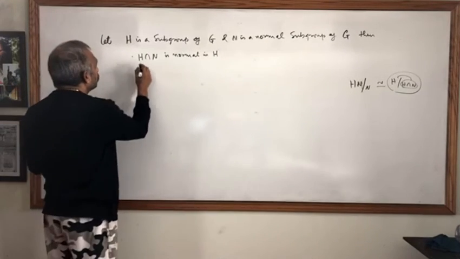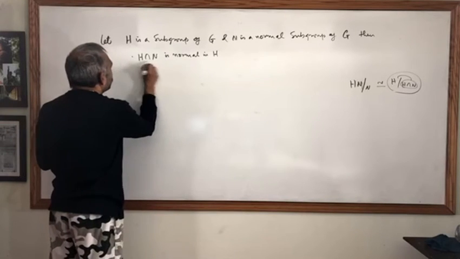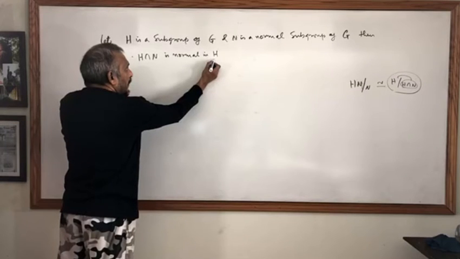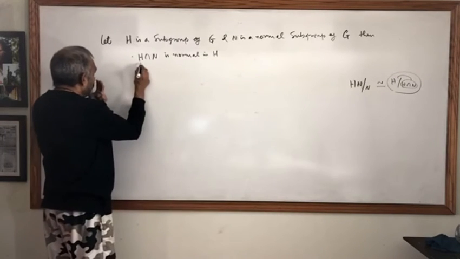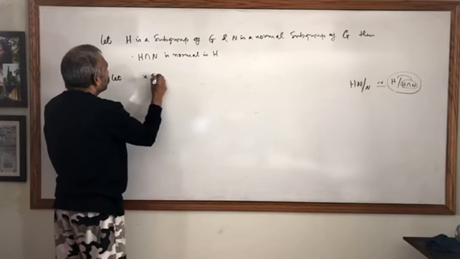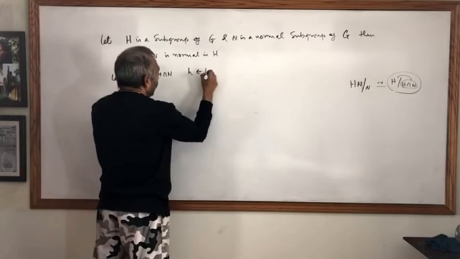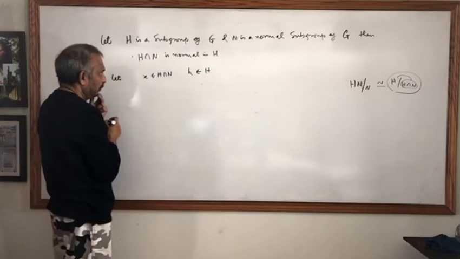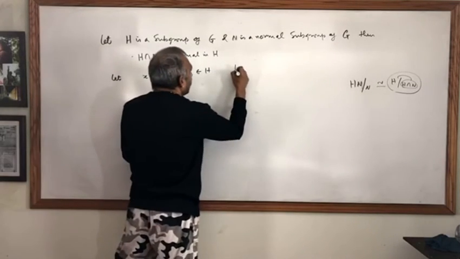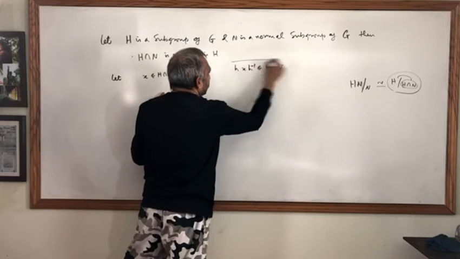So how do you show that a subset is a normal subgroup in a group? What we'll do is let x belong to H intersection N and h belong to H. Then we need to show that h inverse x h belongs to H intersection N. This is what we want to show.